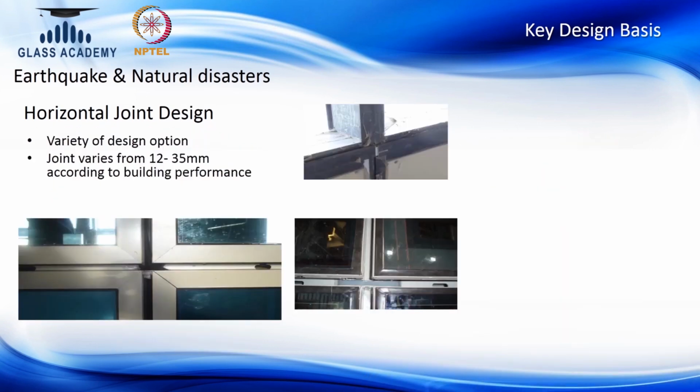There are multiple ways these joints are designed. It could have the capping here, it has no capping here, or it is just an exposed glass joint here. But the principle remains the same. There will be a joint here, the groove line joint here. You can see this picture has a different joint line here. It primarily allows the panels to move, so that the glass panels or cladding panels do not crack due to the building movement.